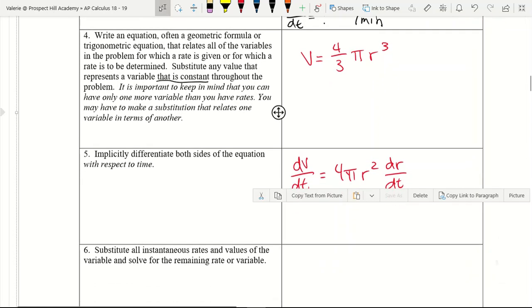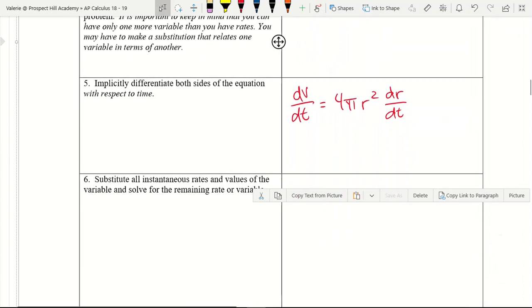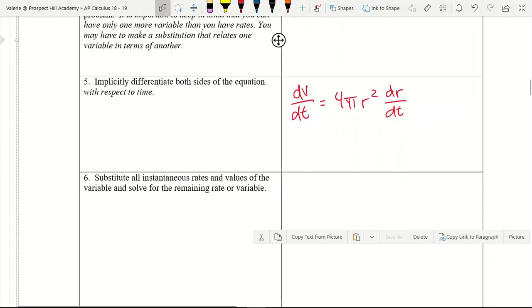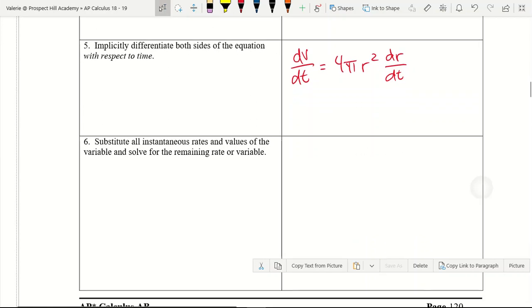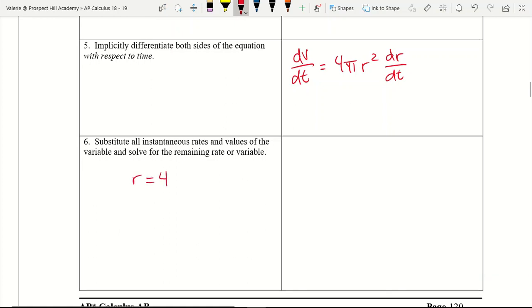Okay, so now we want to substitute all instantaneous rates and values of the variables and solve for the remaining rate or variable. So in the problem, we were told that at the instance when the radius is 4, so the instance is this instantaneous point, we want the radius to be 4 centimeters.